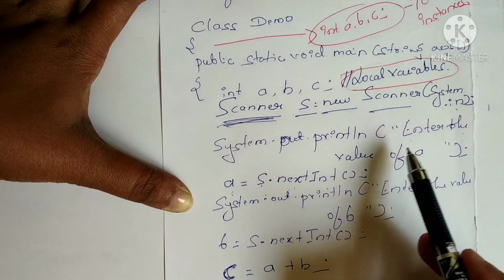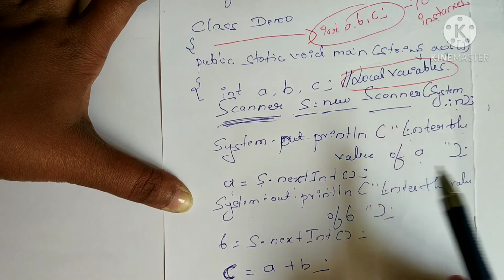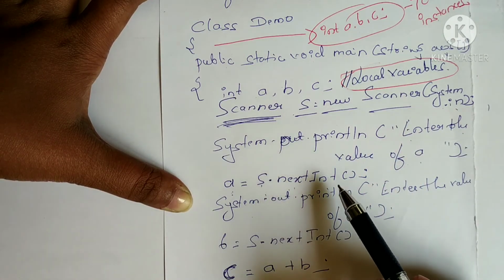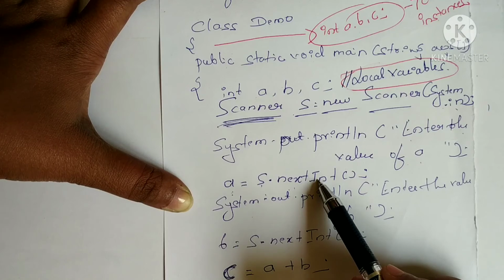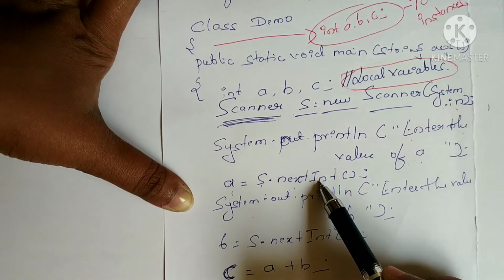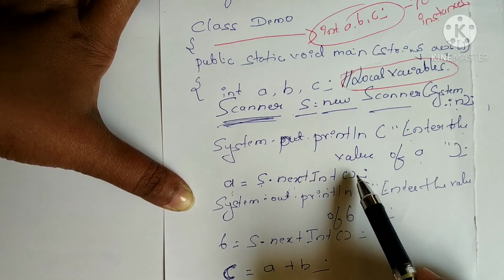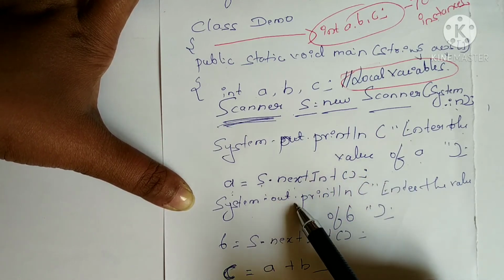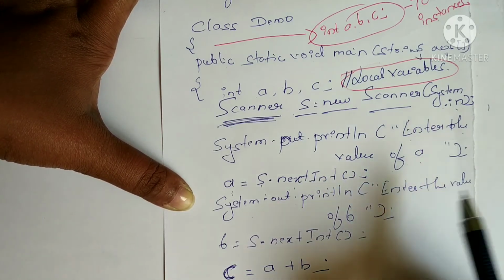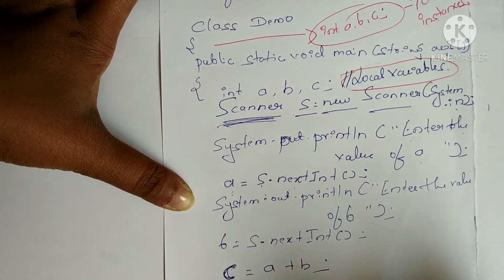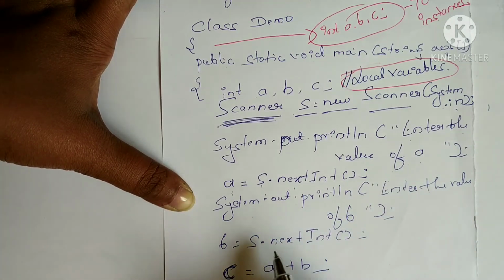Now the statement is completed. Whichever value we enter in our console for a will be read. Then b's statement is also written, and the statement for entering b's value is also written.